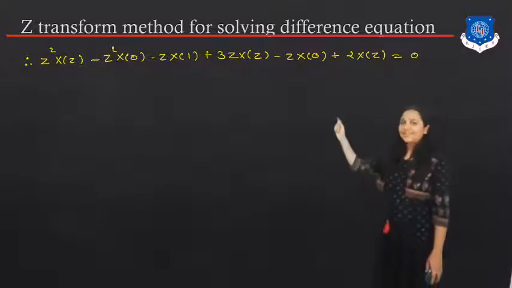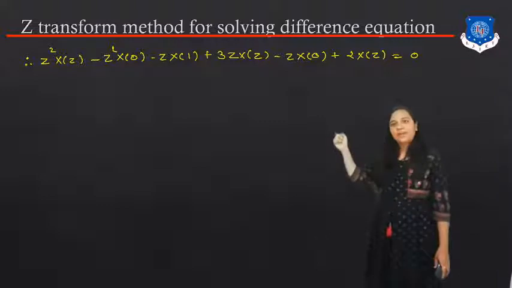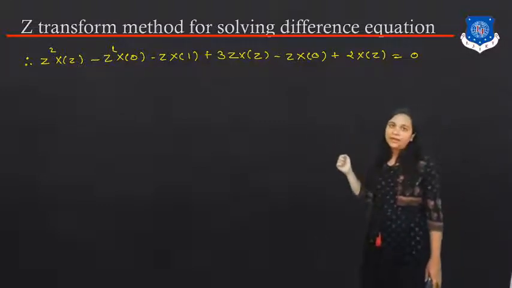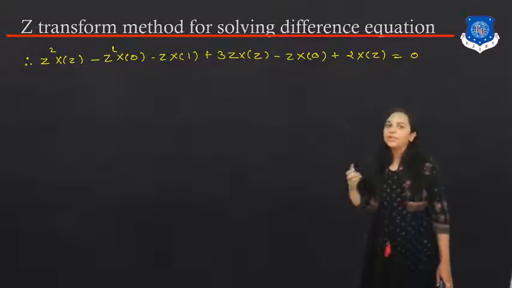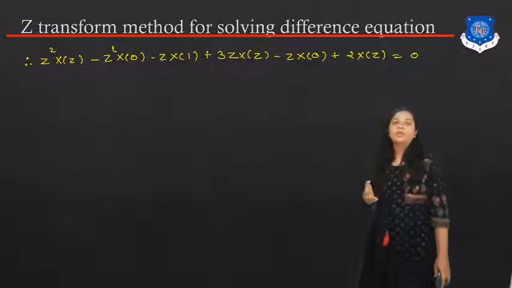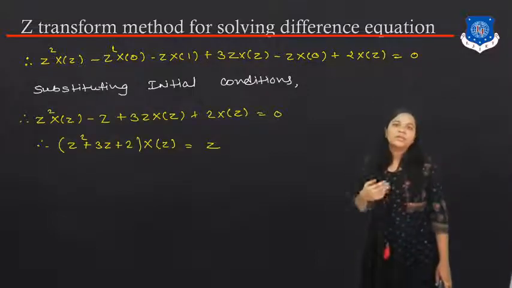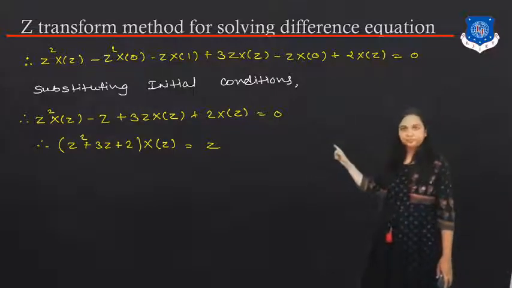The first term is as it is, z square x of z minus z square into x of 0, that becomes 0, minus z x of 1 is equal to 1. So z plus 3z x of z as it is, minus z x of 0 is equal to 0, and 2x of z as it is. So we have subtracted the initial conditions and we can get this type of equation.